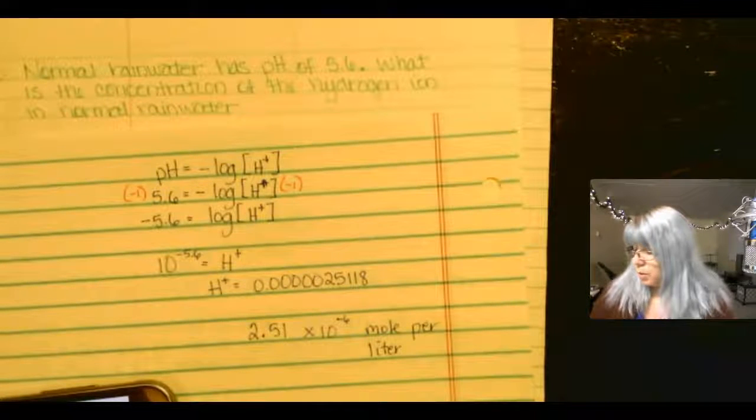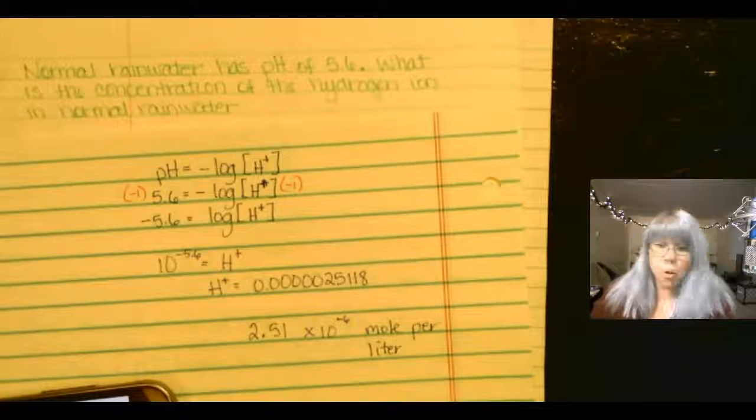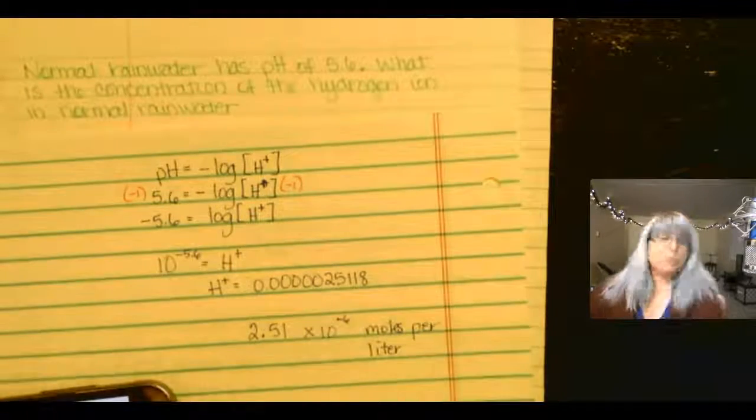Okay. So 2.51 times 10 to the negative 6 moles per liter.